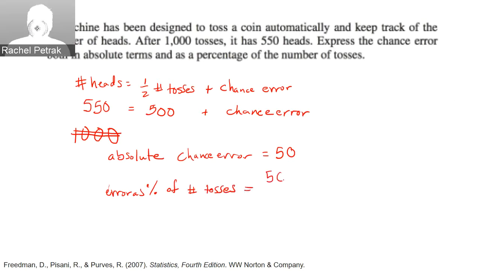We would just take 50 out of our total number of tosses, which is 1,000, and we end up with a 5% chance error. Does that make sense?